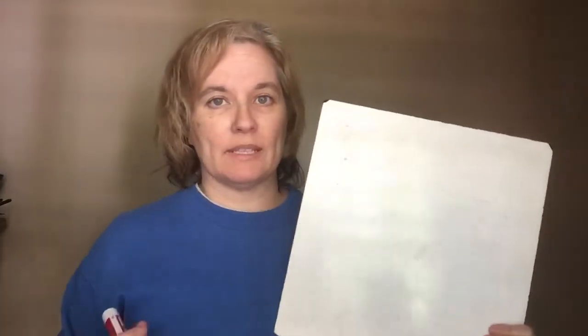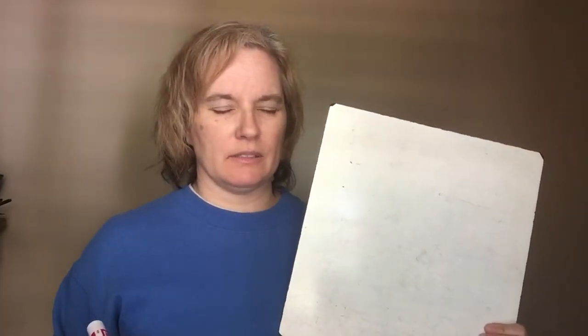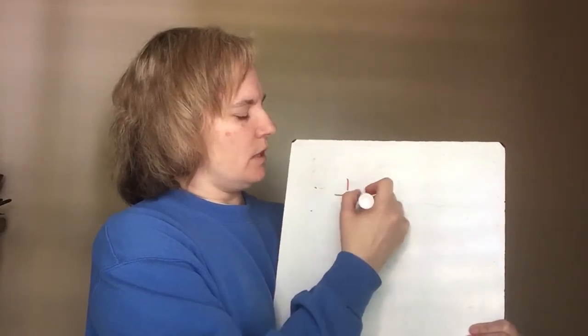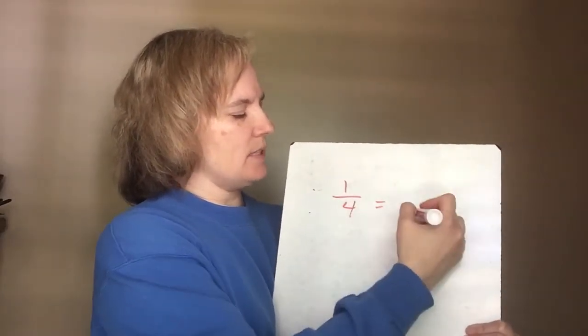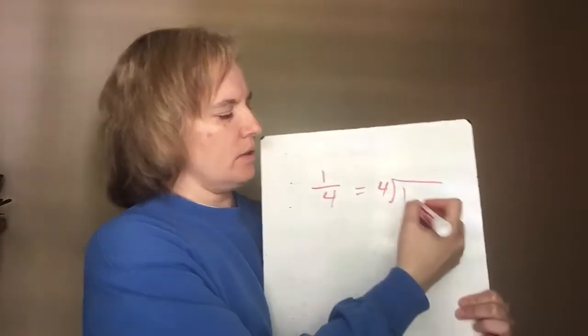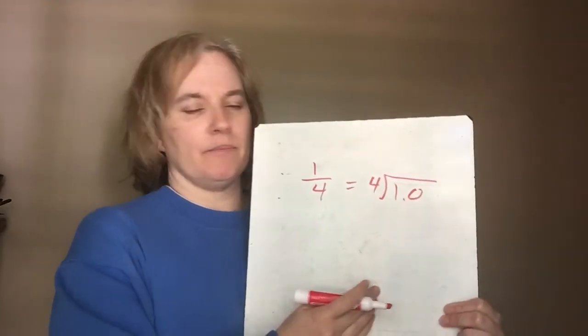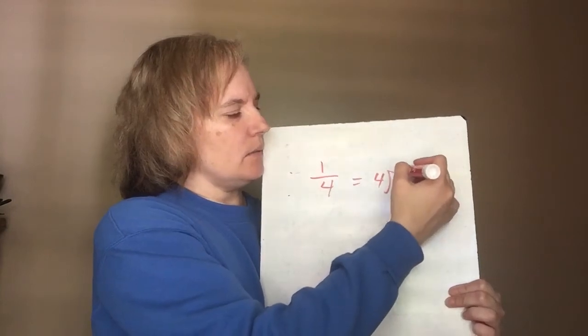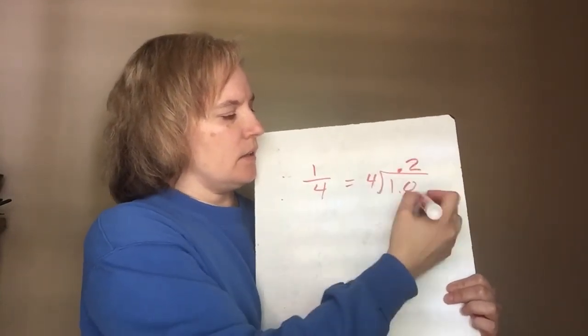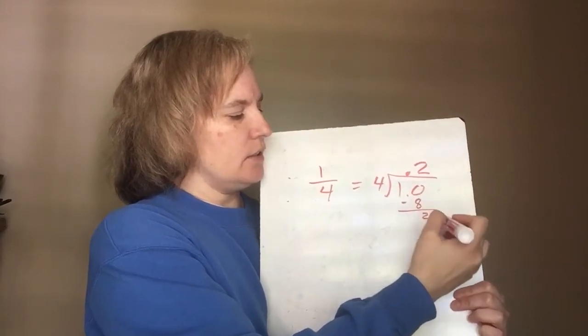Let's do another one that we know. Let's do 1/4, because we've already said that that's 25%. 1/4 is the same as saying 1 divided by 4. We know we've got to carry it out some. 4 can go into 10, so bring my decimal point up. 2 times 4 is 8, leaving 2.